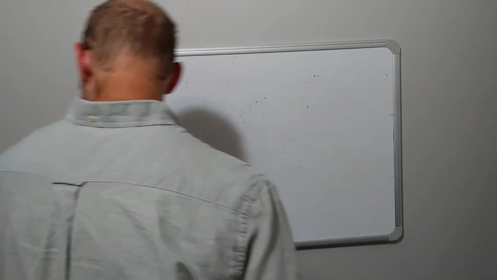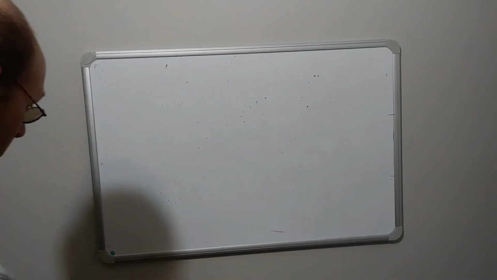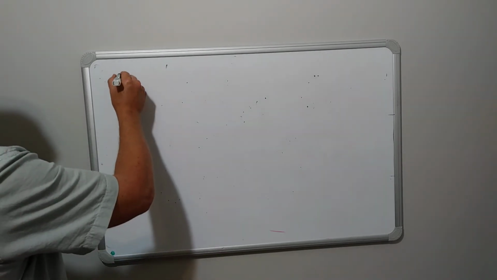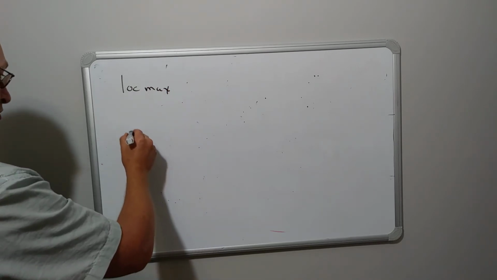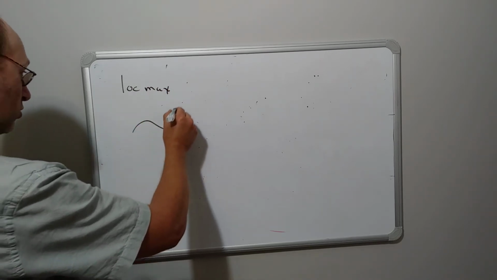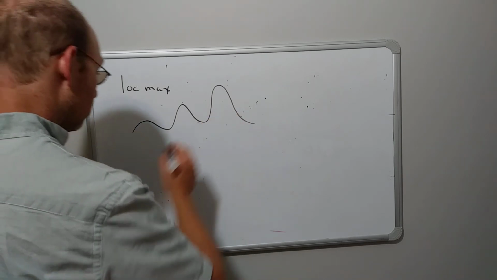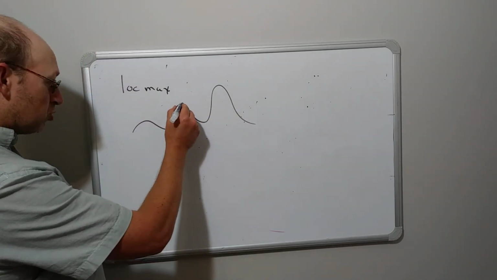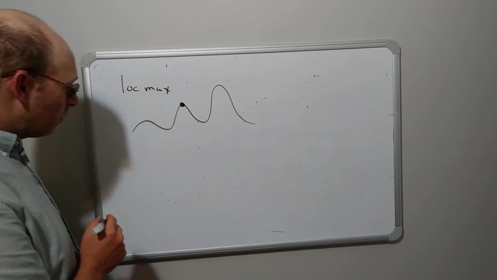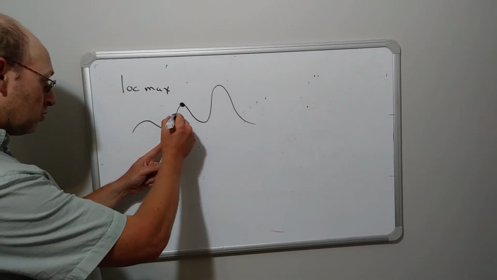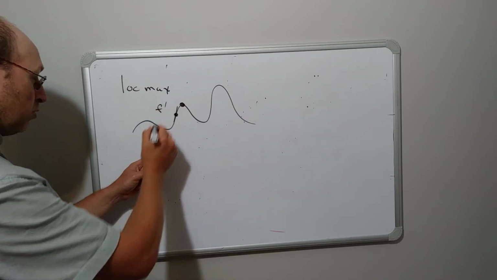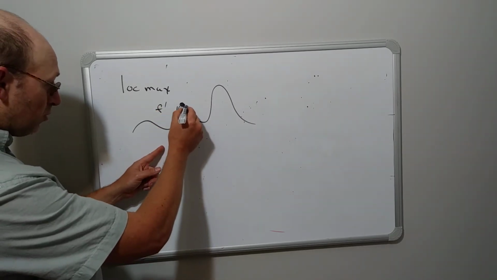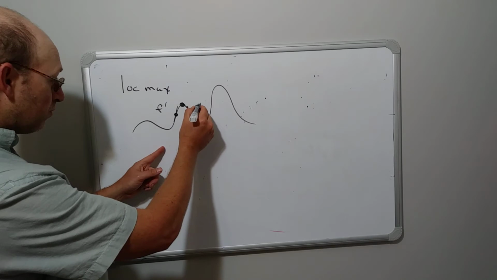So before we get to that, let me give you a few more concepts. So a local max is something that looks like this. So for example, here's a local max. Notice for the local max, the derivative is positive here, and then the derivative is negative.